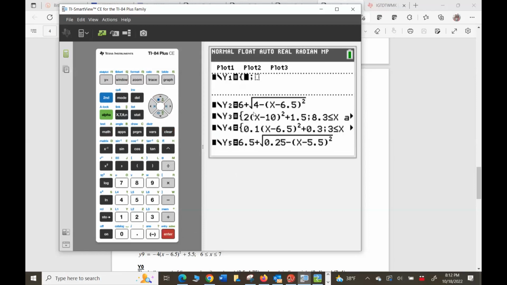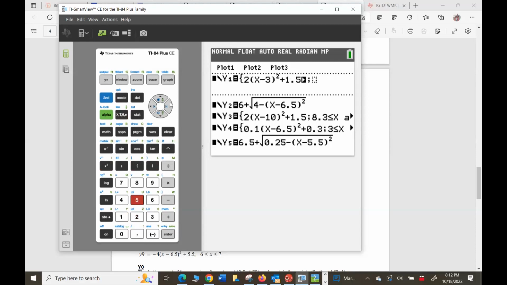And I'm going to go ahead and type in that equation. It's going to be 2 times the quantity of x minus 3, the quantity squared, plus 1.5. And that's all in the first part of the piece.